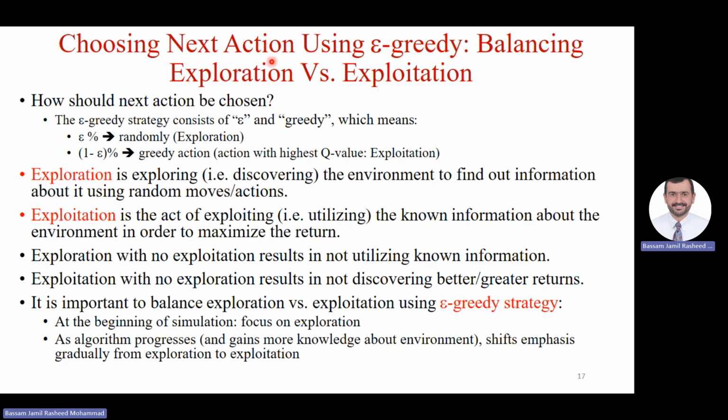Very important here is how I take my next action. If I am in a state during the training, how do I decide on the next action? As we mentioned in the last class, we have the epsilon greedy policy. It consists of epsilon, which says random, and greedy, which is 1 minus epsilon. Epsilon motivates taking random actions, and greedy motivates exploitation because it says take the action with the maximum action reward.